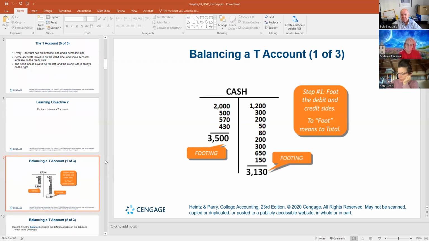I'd like you to take a look at cash. Here's cash. Balancing a T account. How do we do it? Step one, we add the total on each column. In this case here, we have $3,500 on the debit side. We have $3,130 on the credit side. The difference between those two numbers, I believe, is $470.